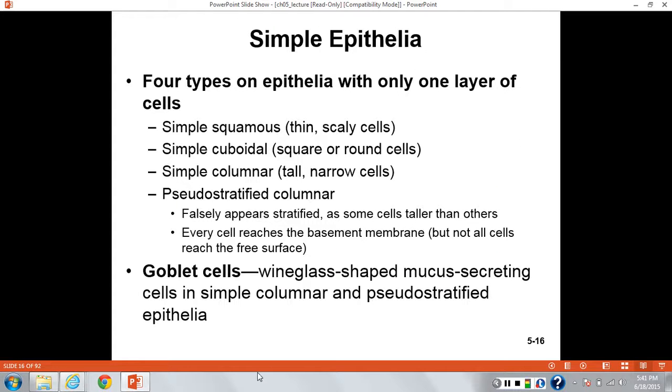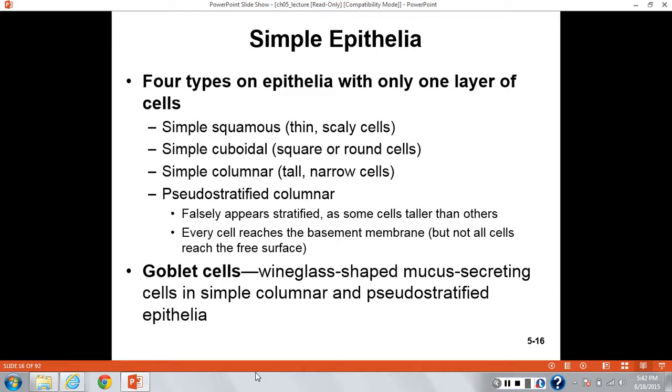Alright, so again, squamous, scaly, thin; cuboidal, square; columnar, tall. Goblet cells, these are cells that can be embedded inside of the pseudo-stratified, and they secrete mucus. And we say any part of the body that's exposed to the external environment is lined with mucous membranes.